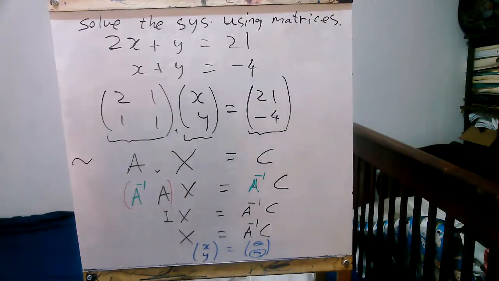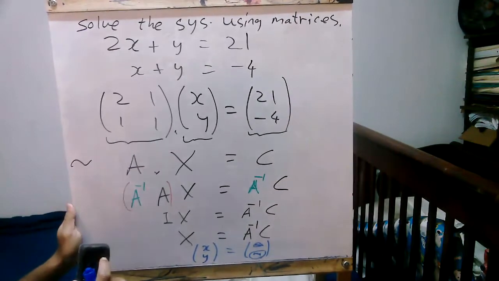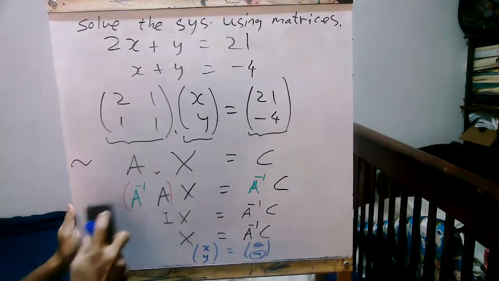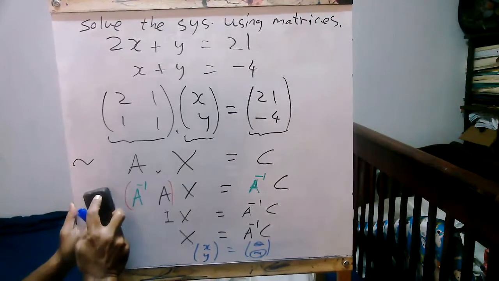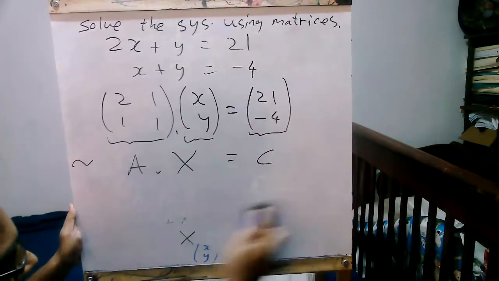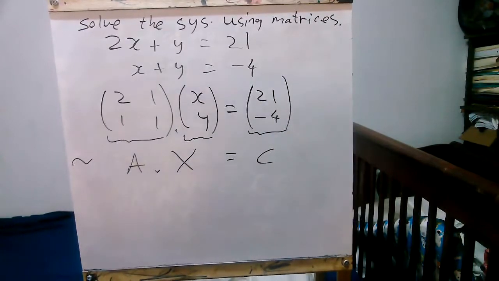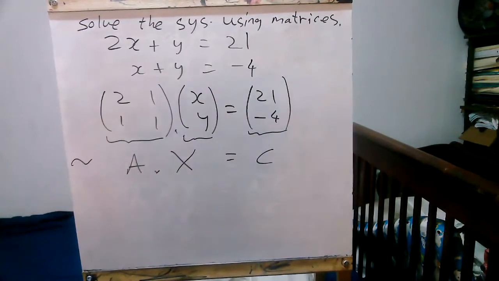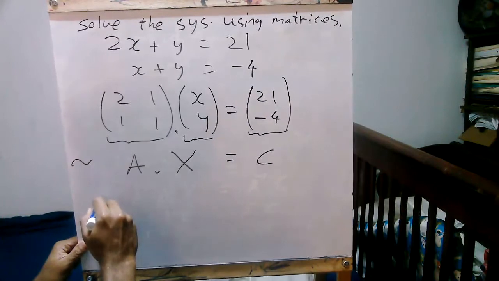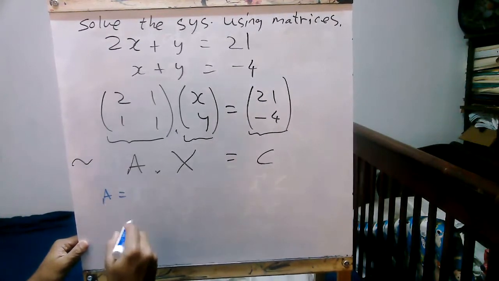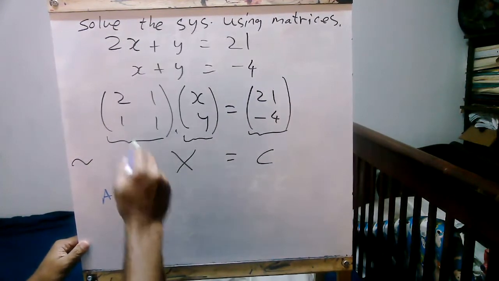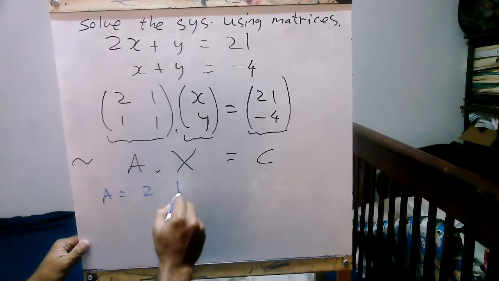Let's see if we can do this. I'm going to erase this. A is this. A is 2 1 1 1.